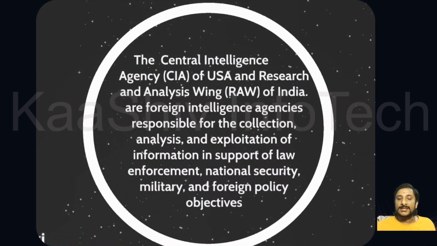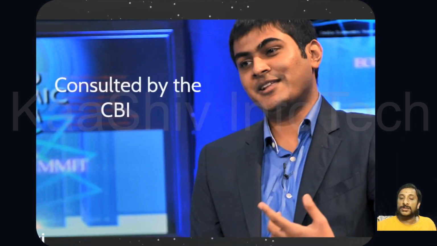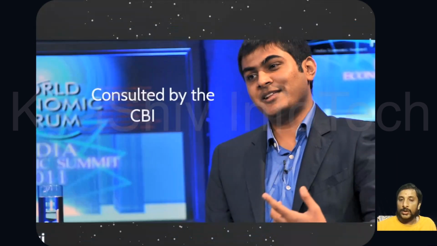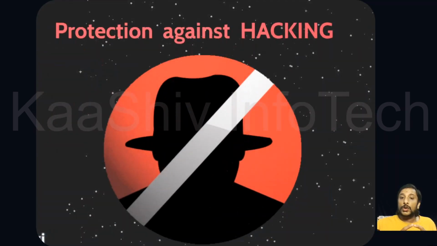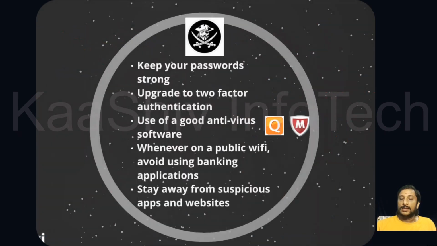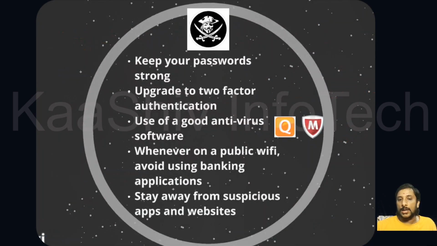The first is the Central Intelligence Agency of the USA and the Research and Analysis Wing of India, foreign intelligence agencies responsible for collection, analysis and exploitation of information in support of law. They do the hacking for a good cause.